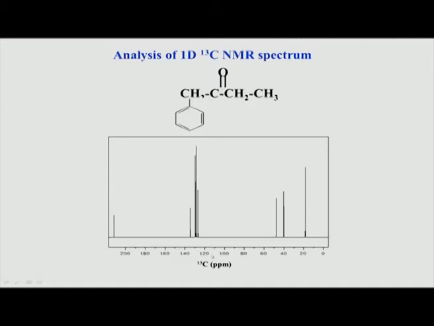Now, if you look at this region somewhere between 120 to 140, that is where your aromatic spin system comes.